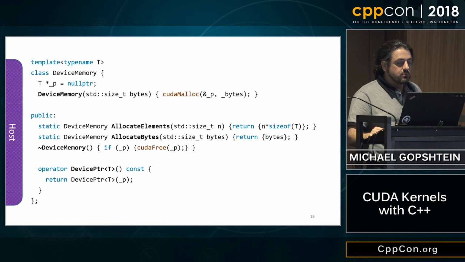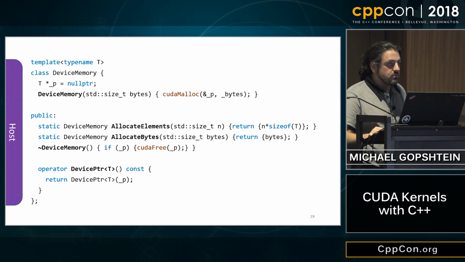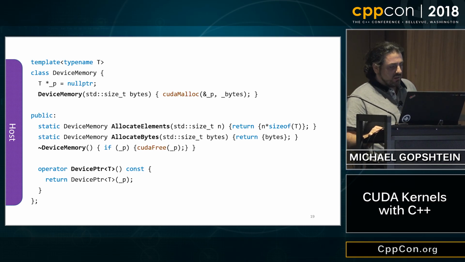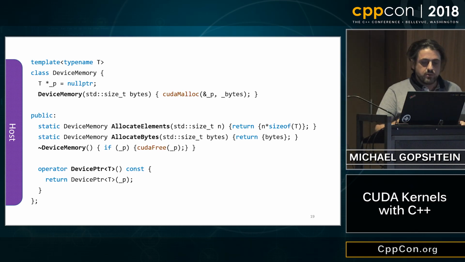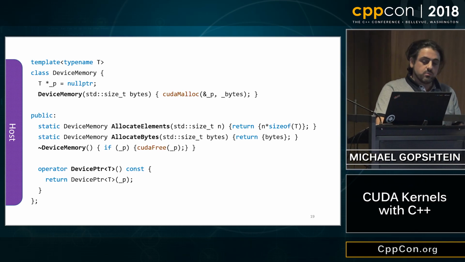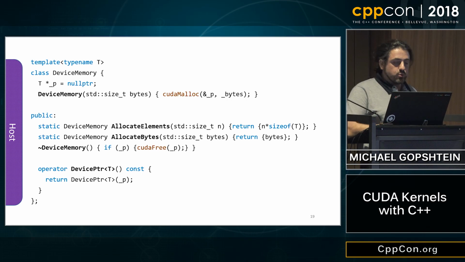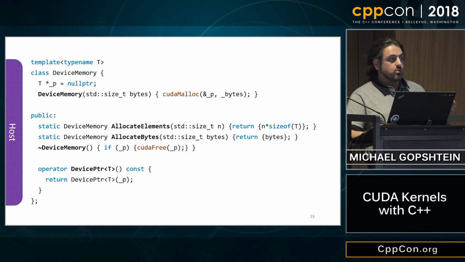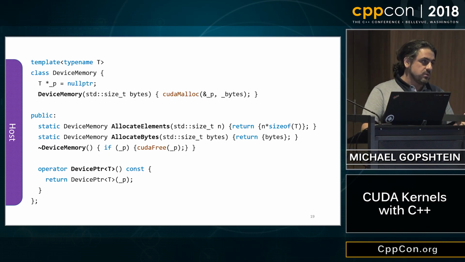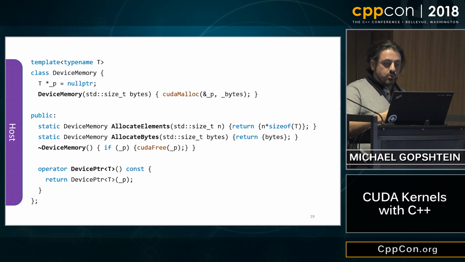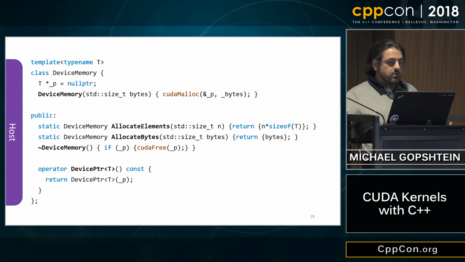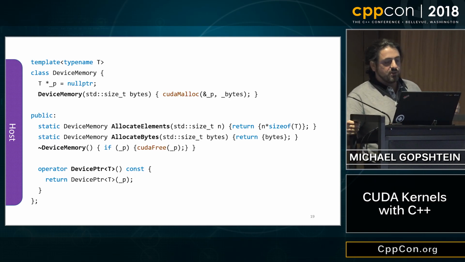So elements returns the number of bytes, right? In this case, it's just to make the allocation of the memory more explicit. So if you use allocate bytes, it will call the constructor with the number of bytes as you provided, and allocate elements, we call it with n. Okay, yeah, you pass the number of elements. Got it. Okay, thank you.